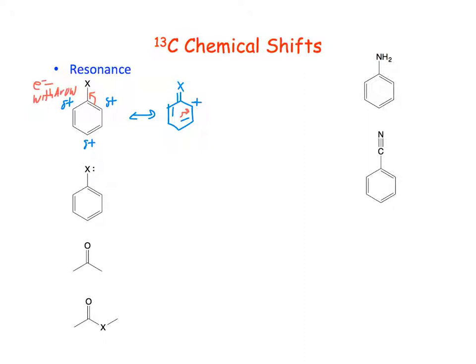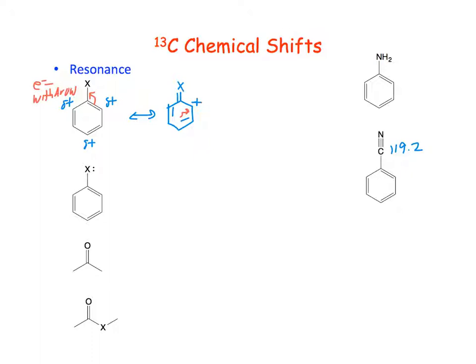So as an example, we could look at that benzonitrile over there. A nitrile is an electron withdrawing group, and the nitrile carbon itself is at 119.